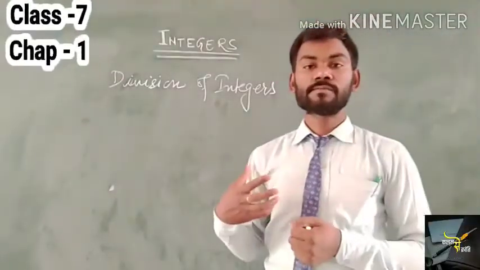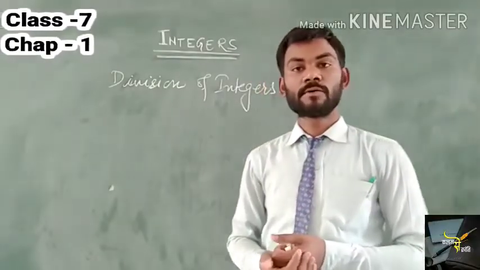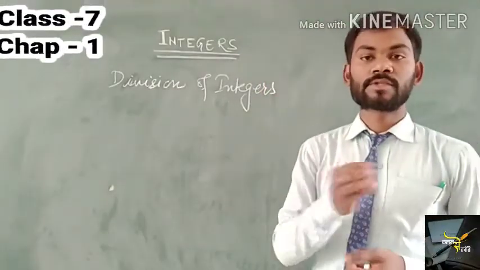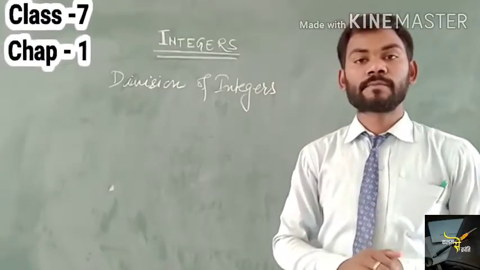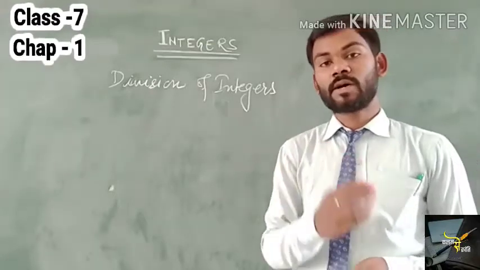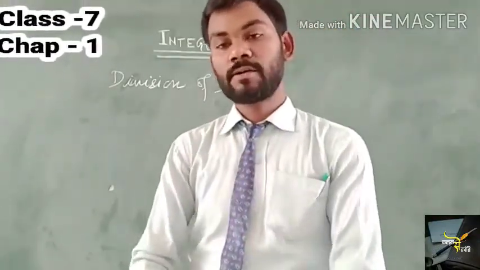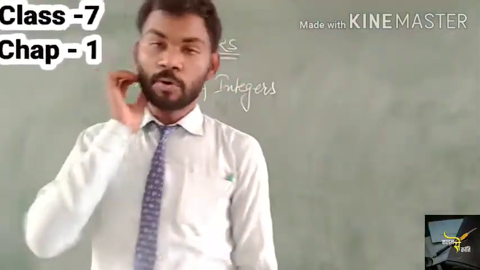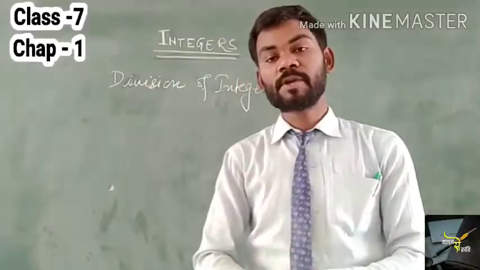In order to study the division of integer, we should discuss a very little basic of division of whole number. As we know, the division of whole number is the reverse of multiplication.